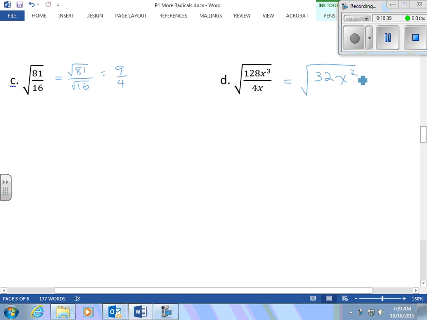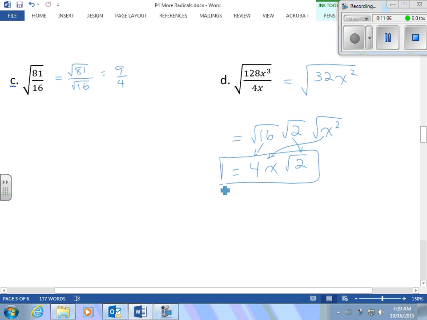So this is now just the square root of 32x squared. Perfect squares that go into 32 would be 16 times 2 is 32, and then we still have an x squared here. So that will give us 4x root 2. So the square root of 16, the square root of x squared, and then root 2. And that's your simplified version of that question.